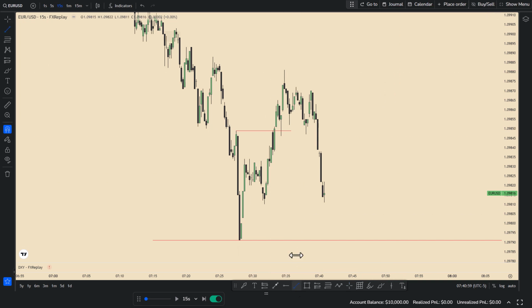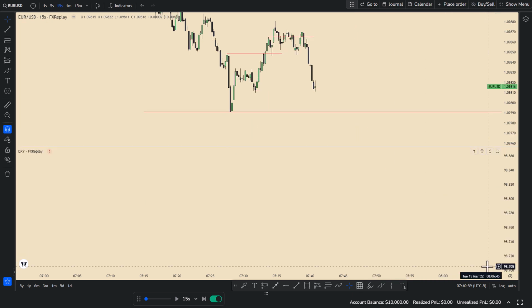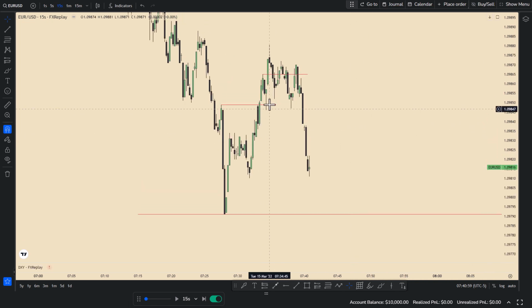For the sweep, you can see that price manipulated here, took all of these, and then we traded to the downside. I don't know what happened to the DXY, but it looks like we can't rely on it right now. But we are now violating every single line of defense on its way.